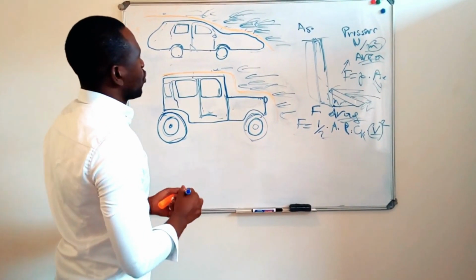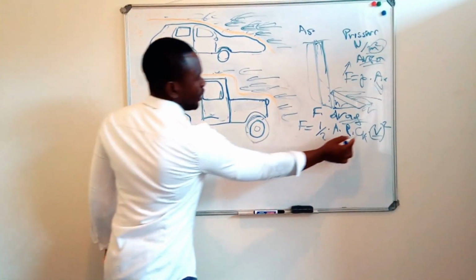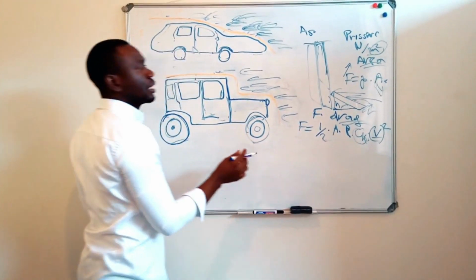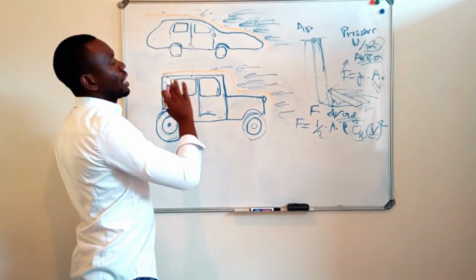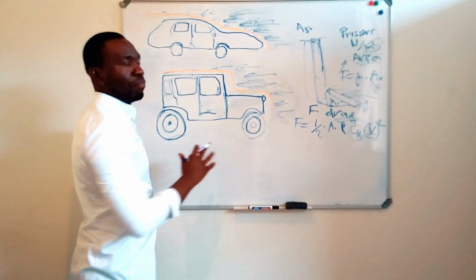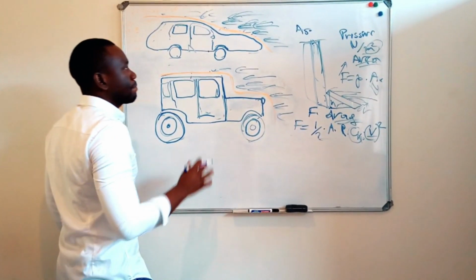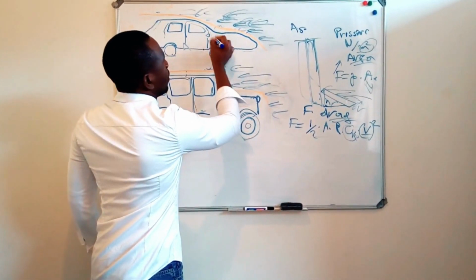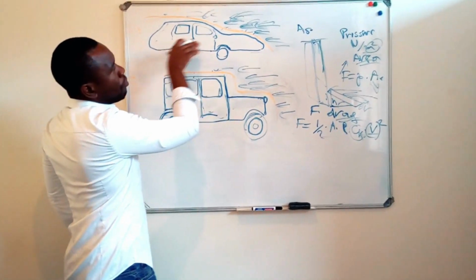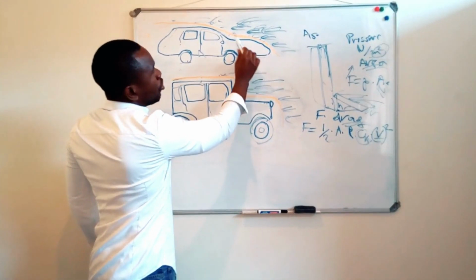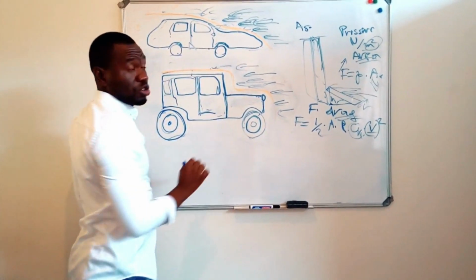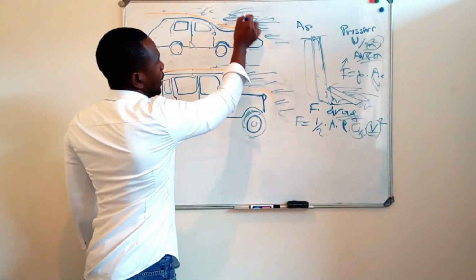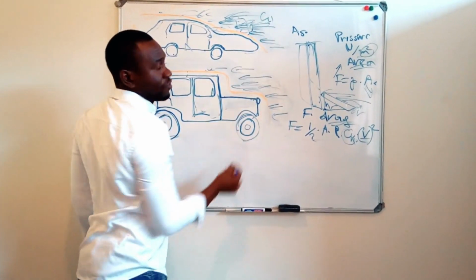Now we realize that the drag coefficient varies according to the shape of the body in motion. The bigger the angle your surface has, the lower your coefficient of drag.